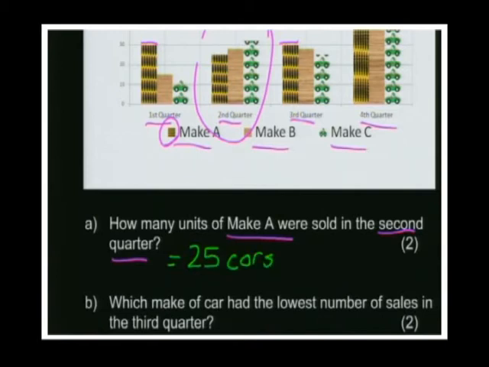Now, don't forget to add your unit. It's not 25 Smarties, it's 25 cars. So we need to add that it's 25 cars. And there is a fair amount of leeway with this. I would say between, say, 24 and 26, I would accept an answer.